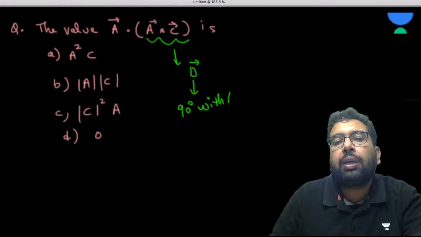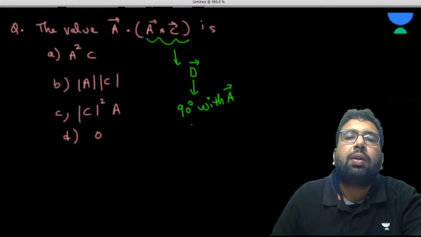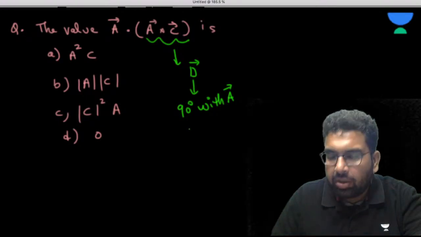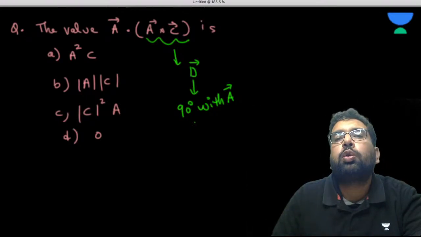Why? Because we know that the cross product of two vectors is in the direction perpendicular to both of those vectors. So this is going to be at 90 degrees with A and 90 degrees with C.